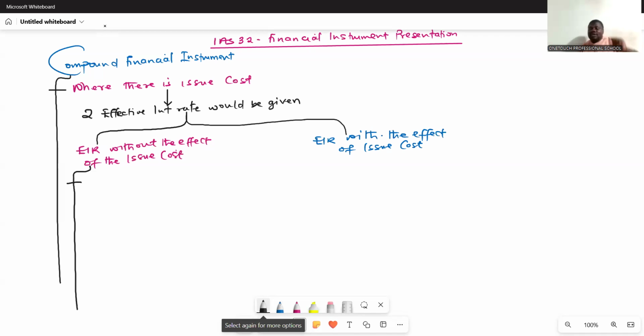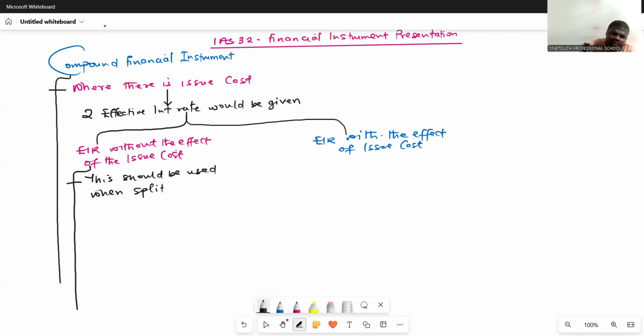But this time, the effective rate of interest you use should be the one without the effect of the issue cost. This should be used when splitting between the liability and equity portion.